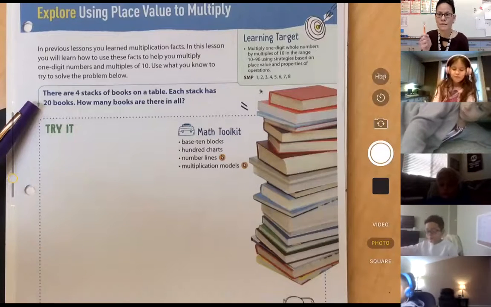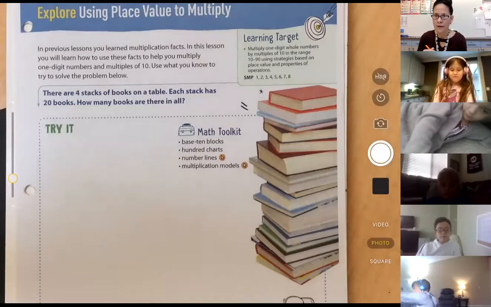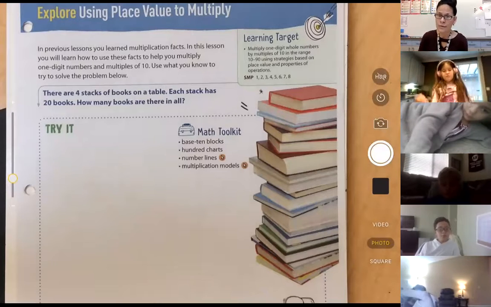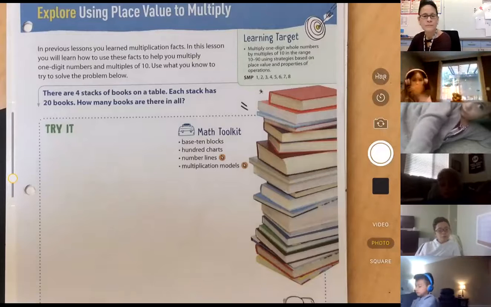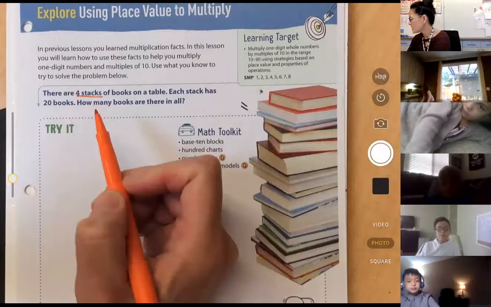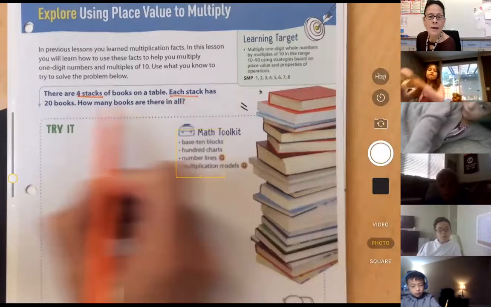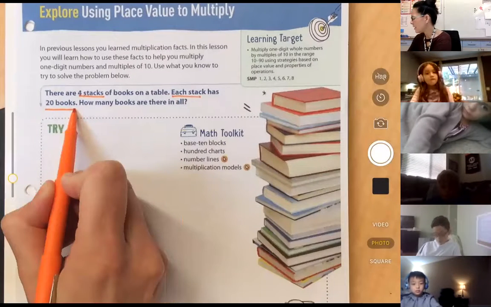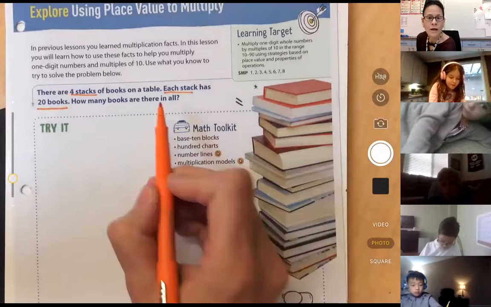Here is, of course, my seasonal orange Flair pen, where I'm going to do some close read here. So 4 stacks, that's my number of groups. Each stack, 20 books. How many are there in all? I need to know total number of books.